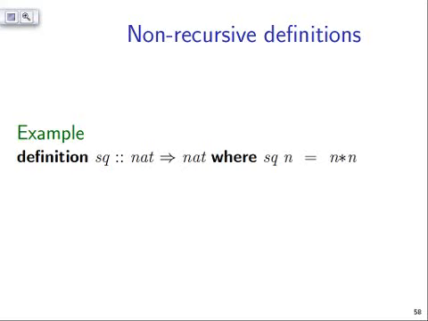So first, a very simple kind of function definition, a non-recursive one, and that can be introduced just with the keyword definition, then the name of the function, its type, keyword where, and then the equation function of argument equals some term. And that can frequently be useful if you just want to make a short function definition that stands for a larger term but isn't recursive.